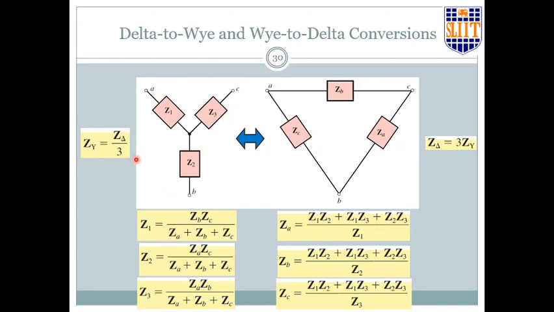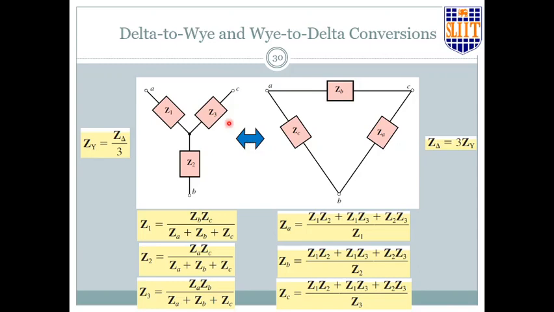So it brings us to an equation that, in the case of a three-phase balanced circuit with balanced impedance, if these three are equal to each other, then all these three will also be equal to each other, equal to this divided by 3.